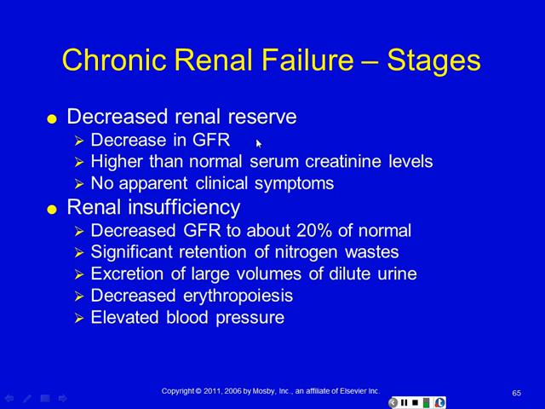But when you've used up that reserve, in other words, when all your extra nephrons have died, you start getting into renal insufficiency. So we have a decrease in GFR, which leads to waste retention. In this phase, you'd think that a failing kidney would produce less urine, but in this middle phase of both acute and chronic renal failure, the kidneys actually produce too much urine.